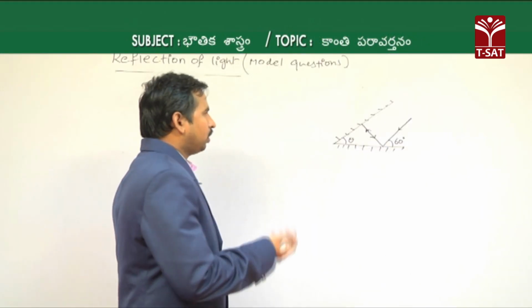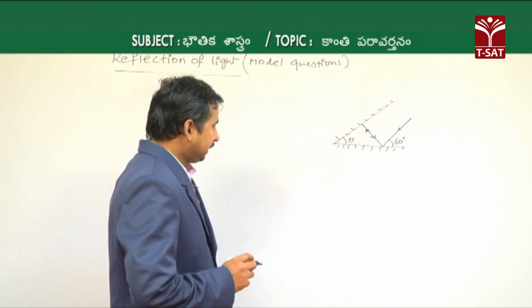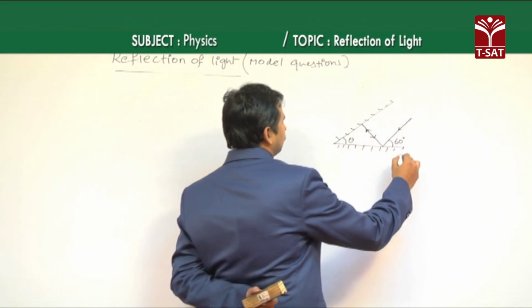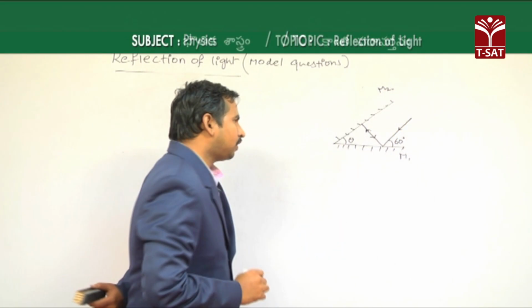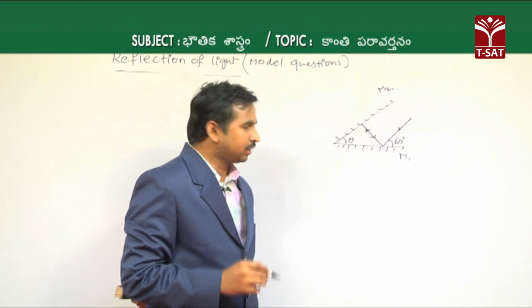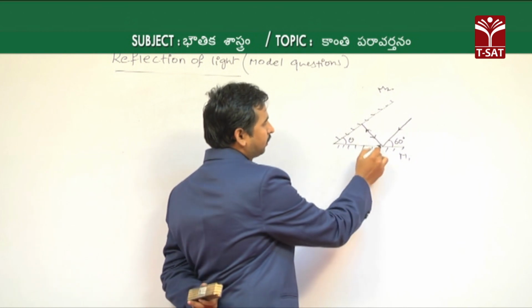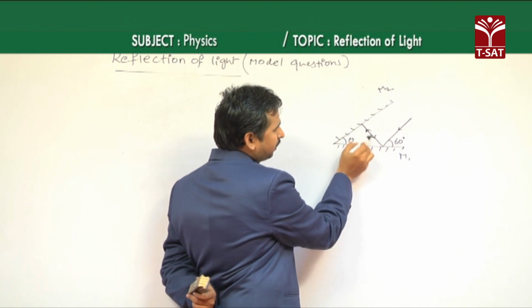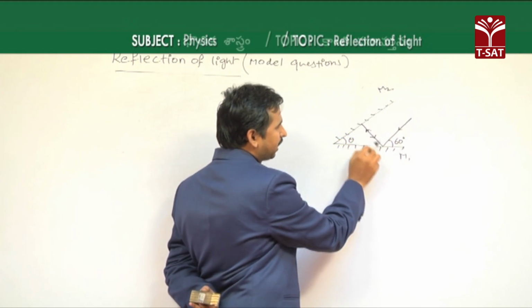We will see one more question based on the relation between the angles. See here, in the given figure we have two plane mirrors this time. This is mirror M1 and this is mirror M2. When a ray of light strikes mirror M1, it reflects onto the second mirror. After reflection from the second mirror, the light ray is retraced back along the same path.